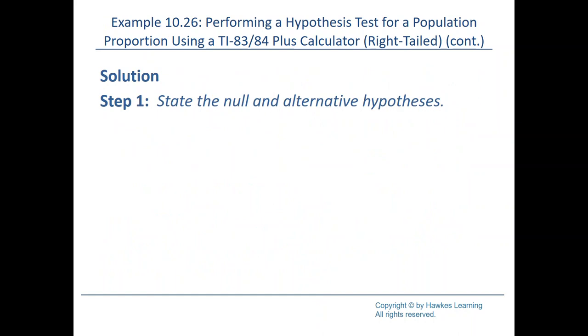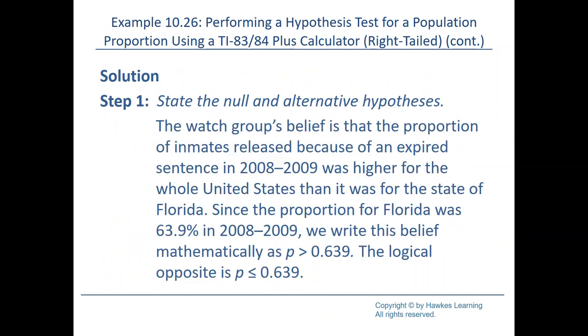So first thing I'm going to do, state my null and alternative. As I look at my null hypothesis and my alternative, what exactly did they want to know? What was the claim? I noticed that it talked about the proportion of Florida was 63.9%, meaning that was who was released.